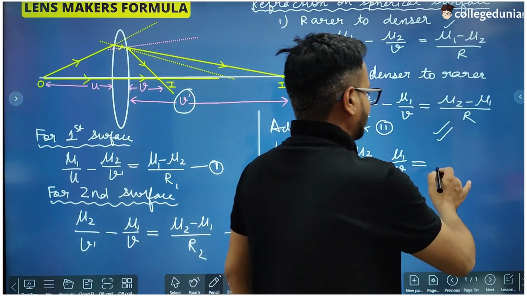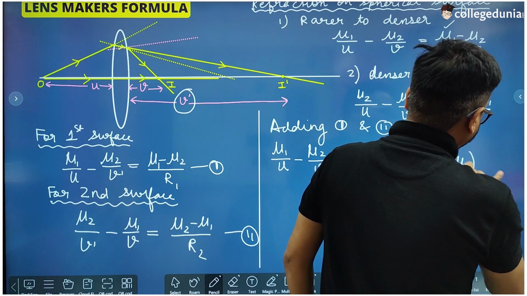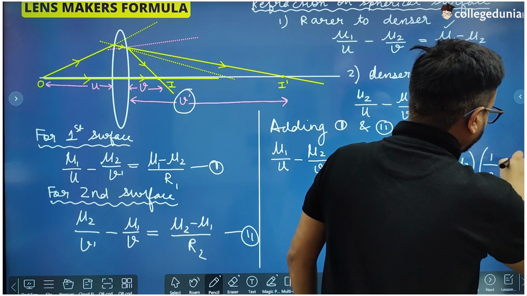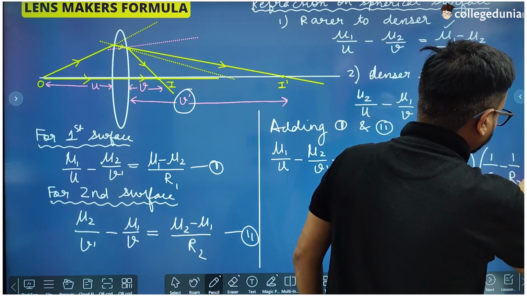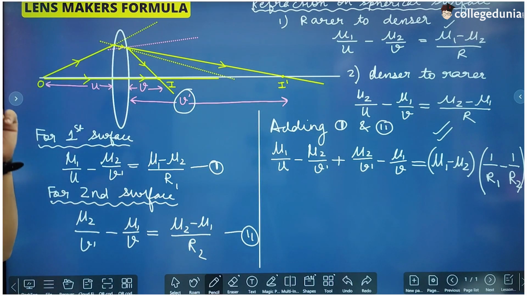So if I take mu1 minus mu2 common, in the bracket I will have 1 upon r1 minus 1 upon r2.